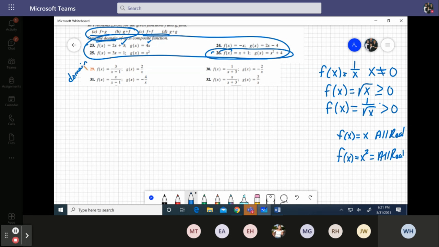So for 29, the domain for f of g. For f of x, I have 3 over x minus 1. What restriction for just f of x? What's my domain?